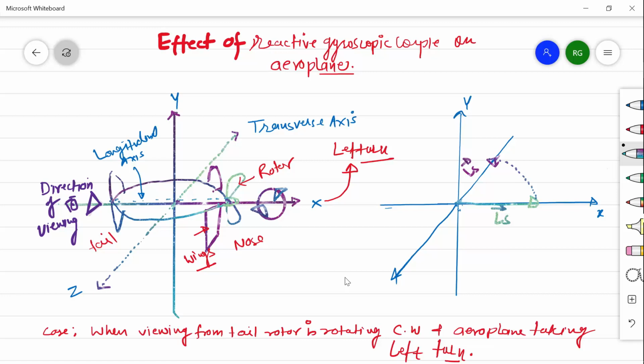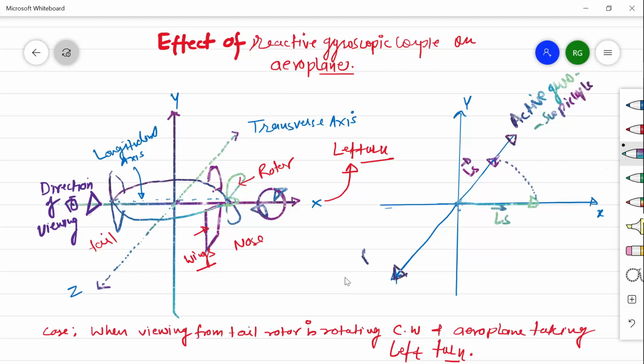So we can say that this is the direction of active gyroscopic couple. This is the direction of active gyroscopic couple.